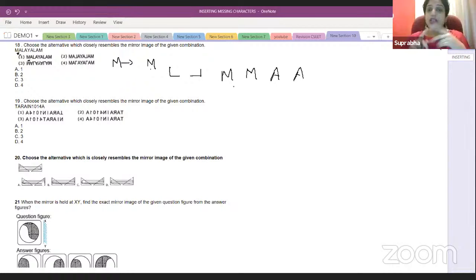But what they fail to see is you might have two options given, where it is in the same order, but instead of M-A-L-A-Y-A, they would have put Y-L-A-A-M. So slight spelling mistake purposely they'll do. So when you do mirror image, each and every alphabet in the option given, you have to check, especially for the spellings.